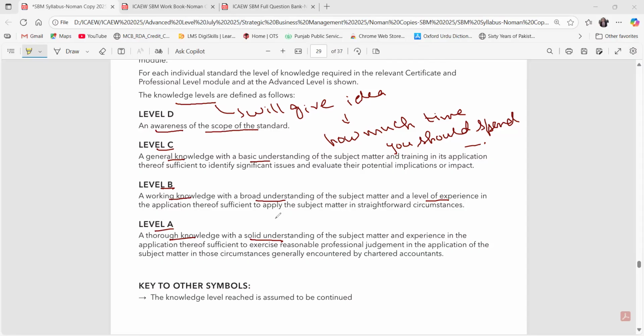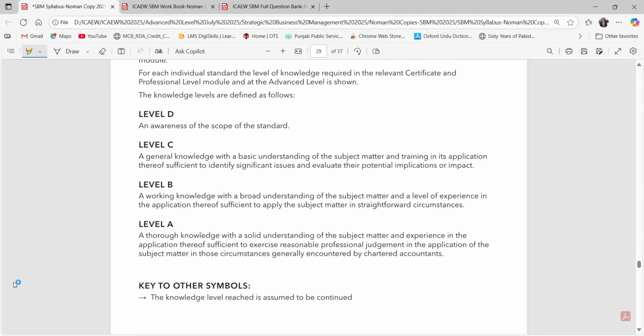Once you have the idea about these levels, go to your syllabus, look at which topics are at level D, C, B, and A, and then start your preparation accordingly, because this will allow you to plan your time. This is the awareness section, about the levels of ICAEW, which has done excellent work, so we can have an idea how to go with our preparation.